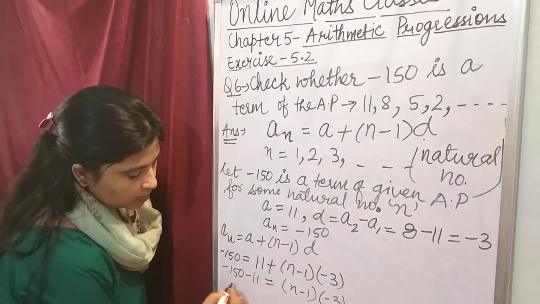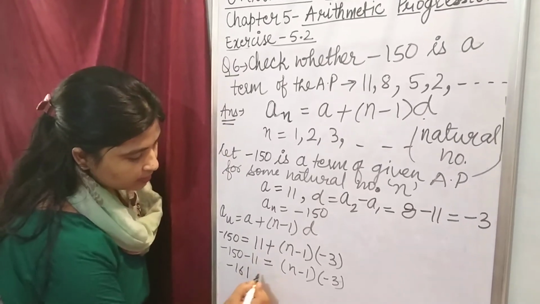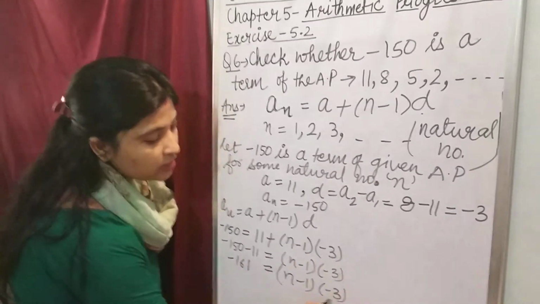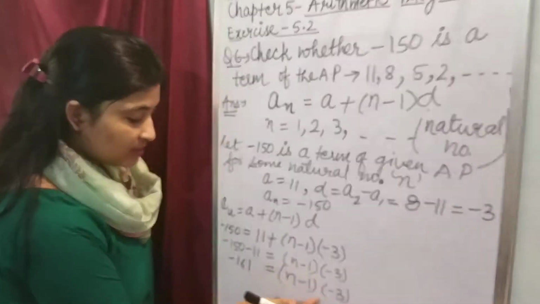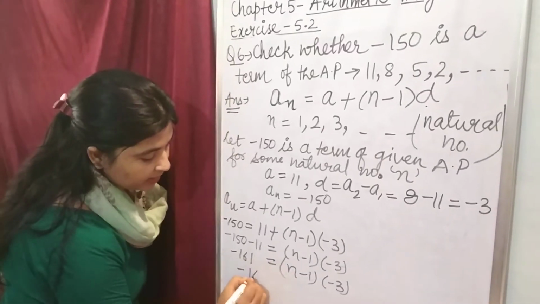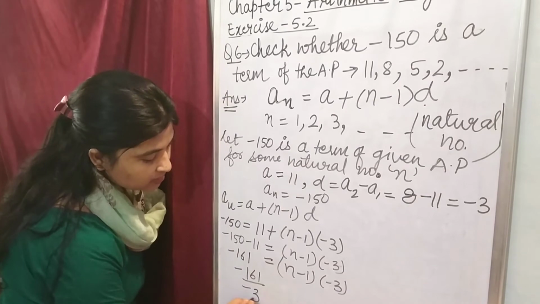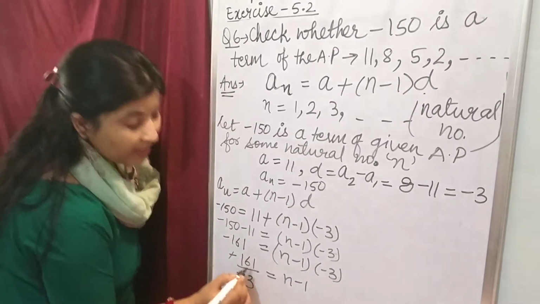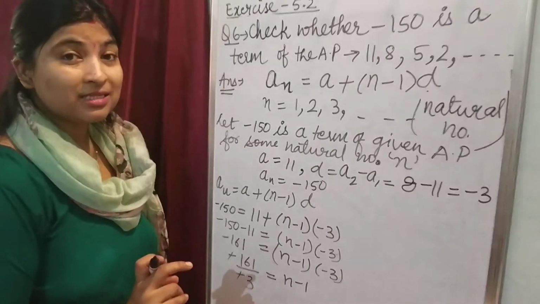Now solve this. Minus 161 is equal to (n minus 1) into minus 3. This minus 3 is in multiply, so on this side it will come in divide. Minus 161 upon minus 3 is equal to n minus 1. Cut the minus signs.